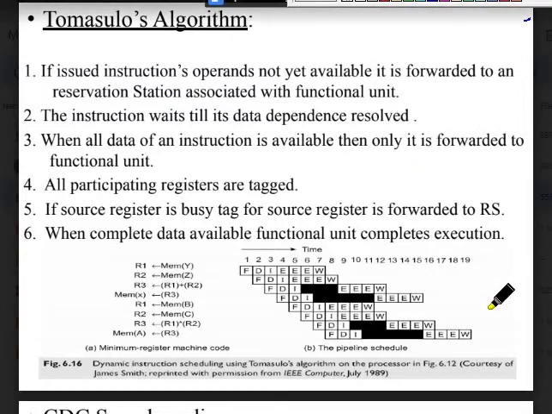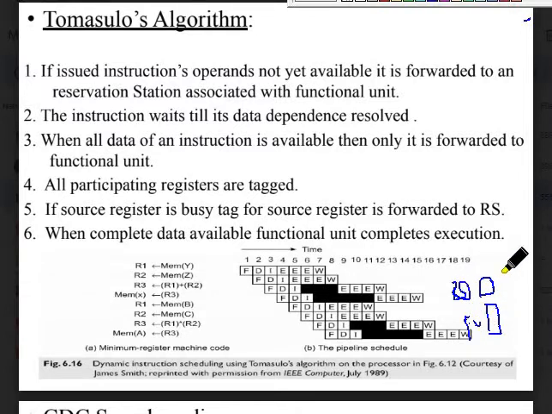I hope you all remember the diagram. There will be a functional unit and there will be a reservation station, functional unit and reservation table. Those are all identified by a tag and kept in a tag unit. Yesterday's diagram, please recall it.